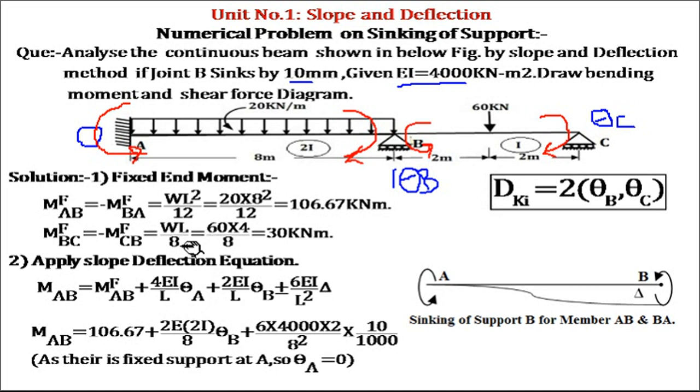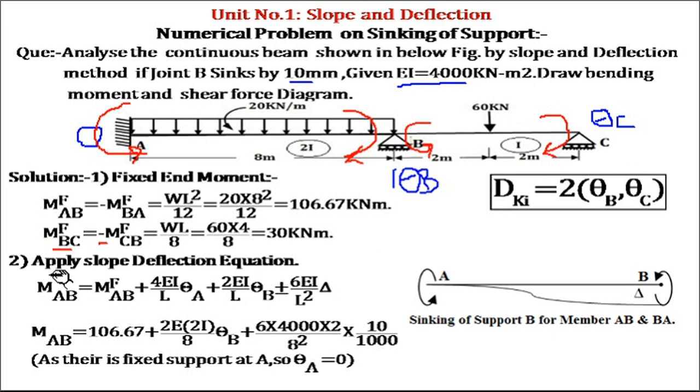So putting the value of W and L, fixed moment in member BC is plus 30, plus because it is acting in anti-clockwise direction. The fixed moment in member CB is minus because here the fixed moment is acting in clockwise direction. So fixed moment in member CB will be minus 30 kN meter.